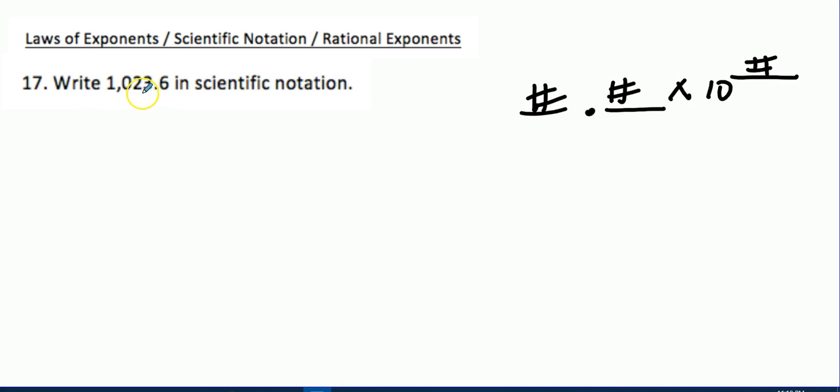I'm moving the decimal place here to the left, because again I can only have one number here, and that number will now be 1.0236. I moved this 3 decimal places, 1, 2, 3. So times 10 to the third.